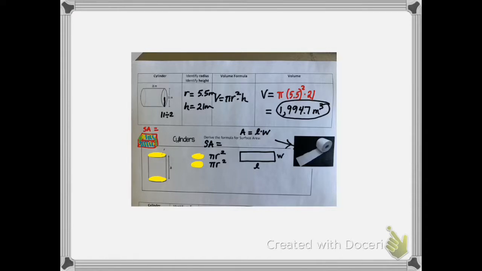So if I unravel this, what would my width be? Well, it's the same thing as the height. So in fact, I'm going to erase the W and I'm going to write H, height. And then lastly, how would I find a different variable for the length, L?